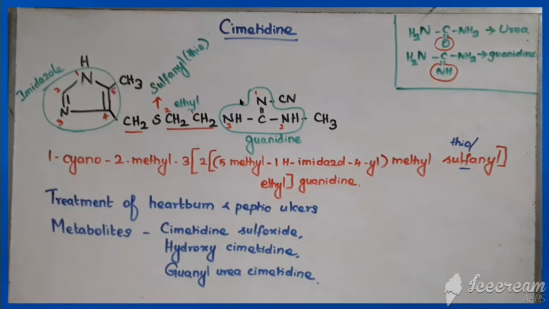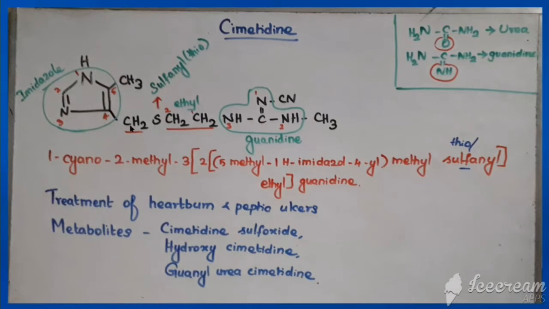So what is present in cimetidine? It has the guanidine nucleus. What is meant by guanidine? NH2-C double bond NH-NH2, that is called guanidine. The first nitrogen is attached to a cyano group, so instead of one hydrogen it is attached to CN. The second nitrogen is attached to methyl, and the third nitrogen is attached to ethyl, and the second carbon of ethyl is attached to sulfur, that is the sulfonyl or thio group.